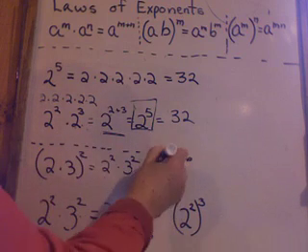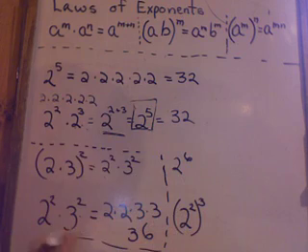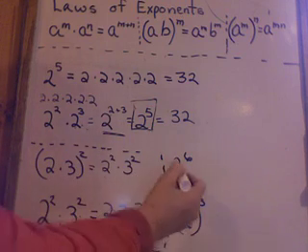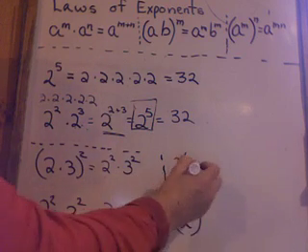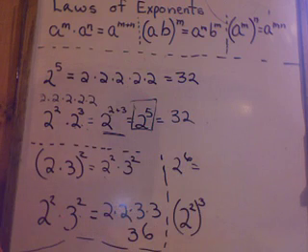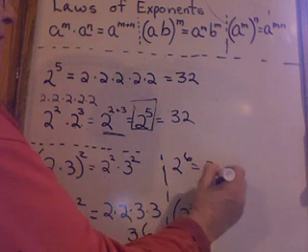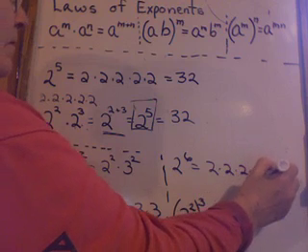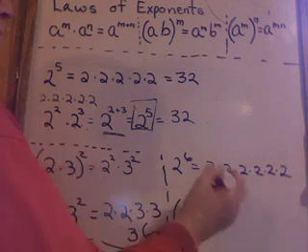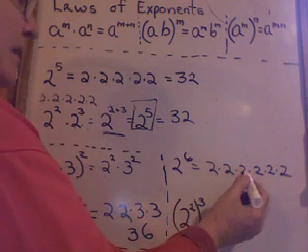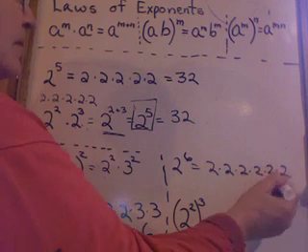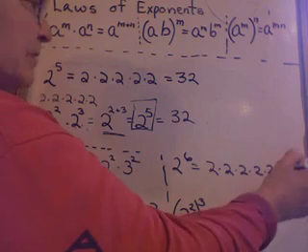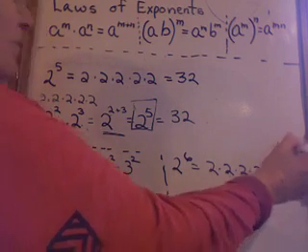Now, I got a couple other examples here. Let's set those off here. 2 to the 6th, what does that mean? It means 6 2's. So 2 times 2 is 4, times 2 is 8, times 2 is 16, times 2 is 32, times 2 is 64, right?